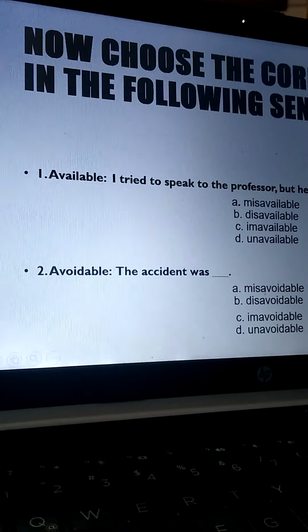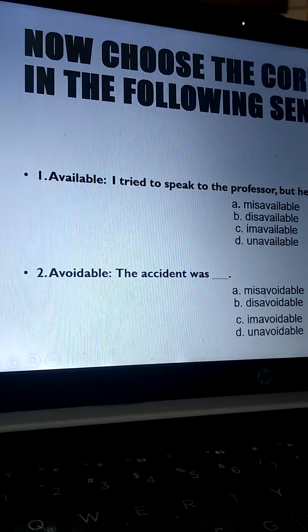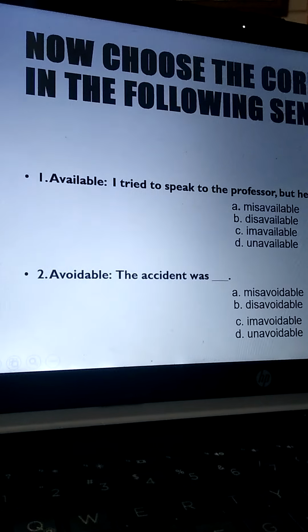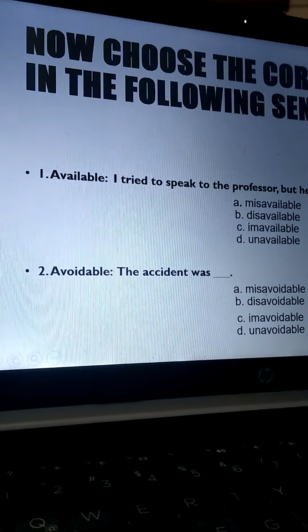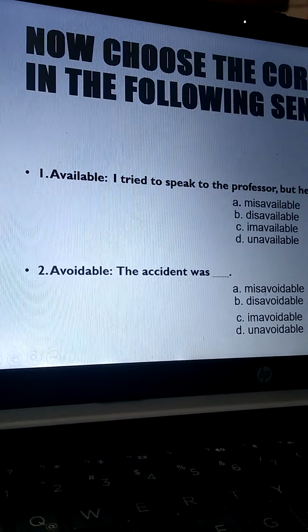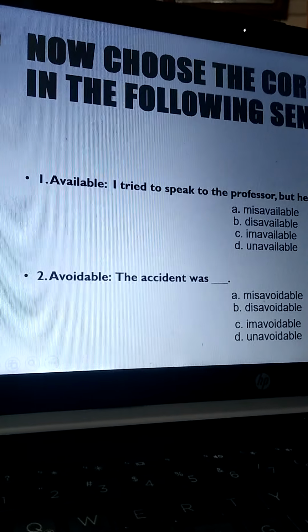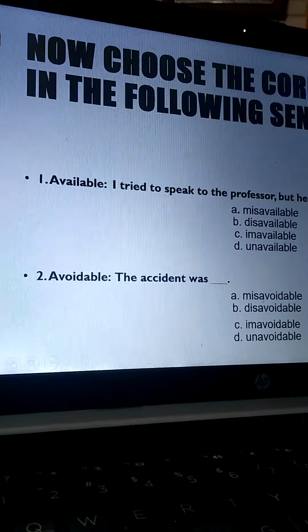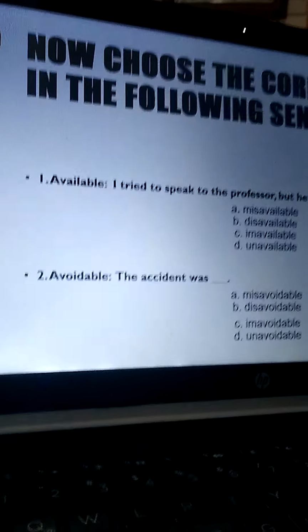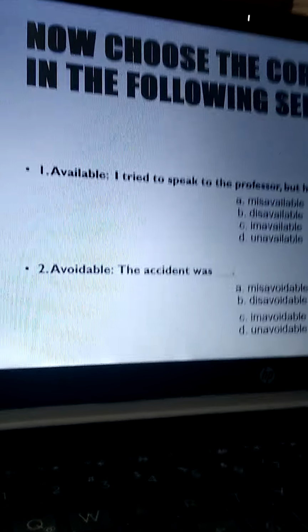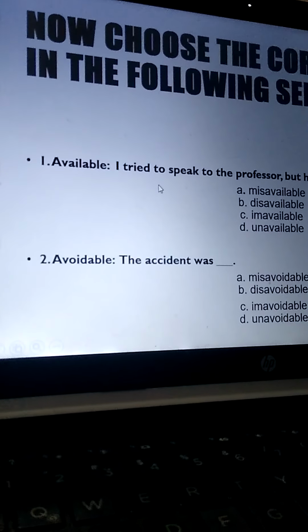We are not checking all of them, like re or co, but it's the same. You have the root word, and then you add the prefix at the beginning of the root word, and you have the new word. That's what happens here.